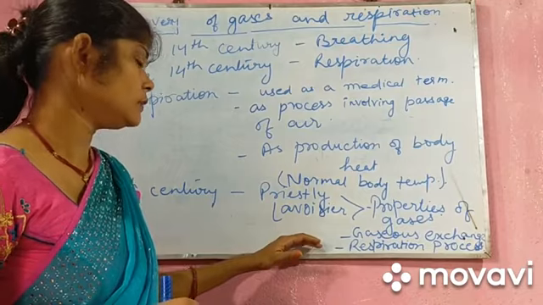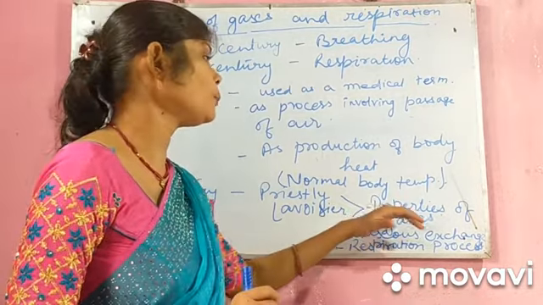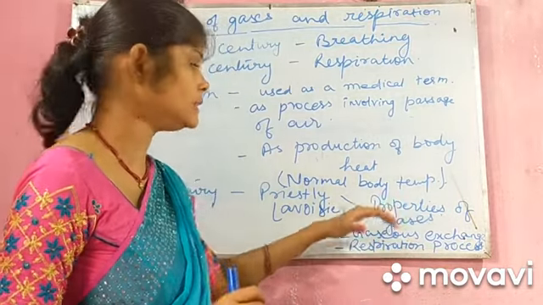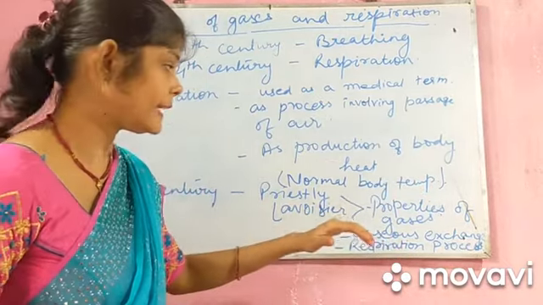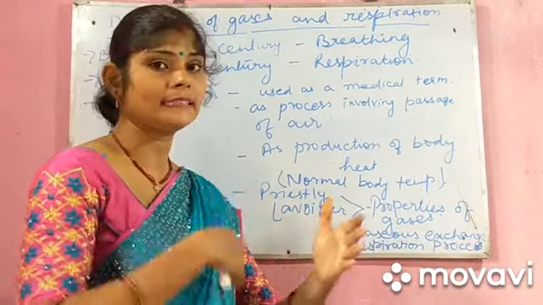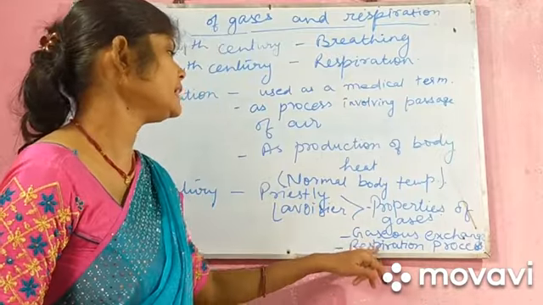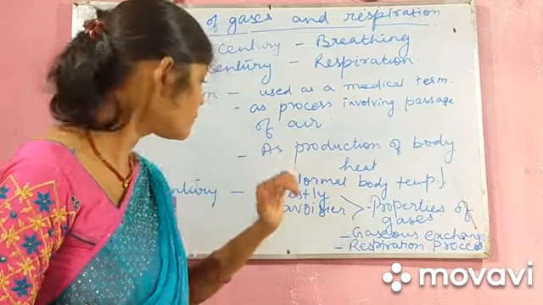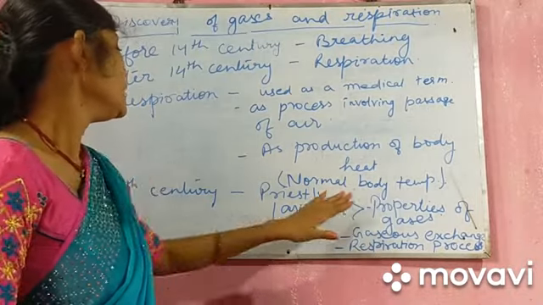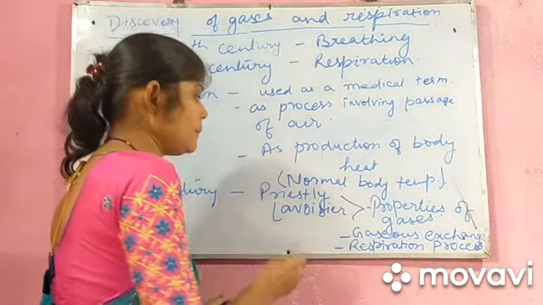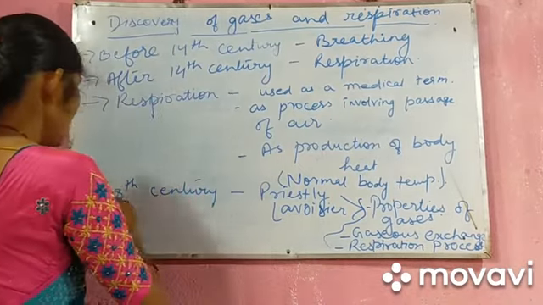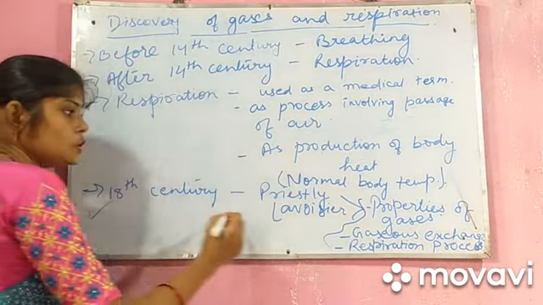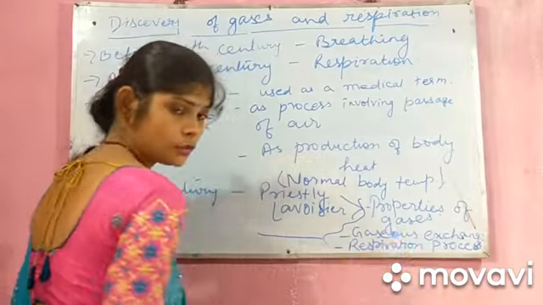Priestley and Lavoisier have given us the properties of gases. They made discoveries on the properties of gases, on gaseous exchange, how the gas exchange takes place, and the respiration processes. So these three theories came into existence in the 18th century, which were given by Priestley and Lavoisier.